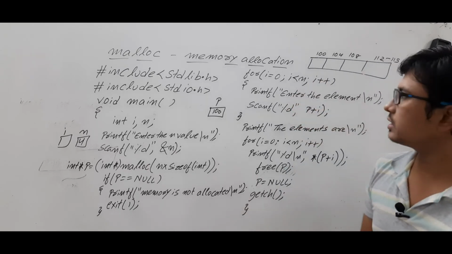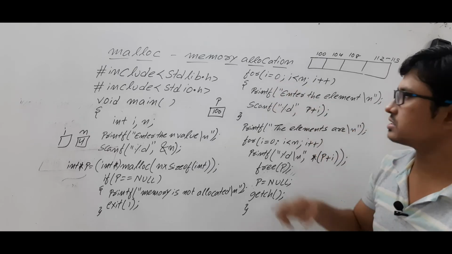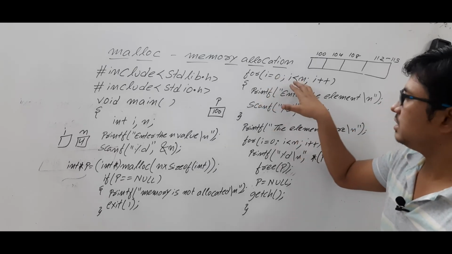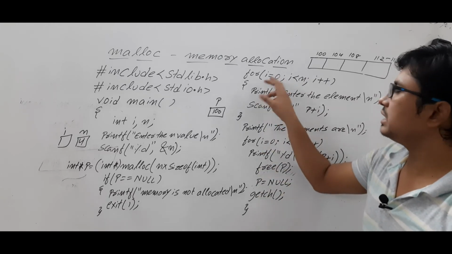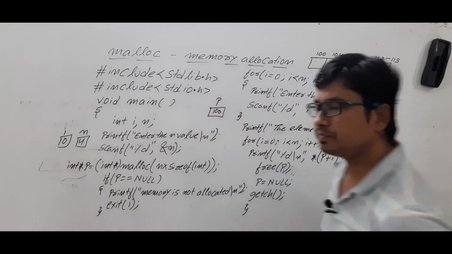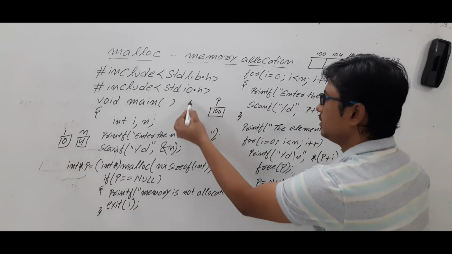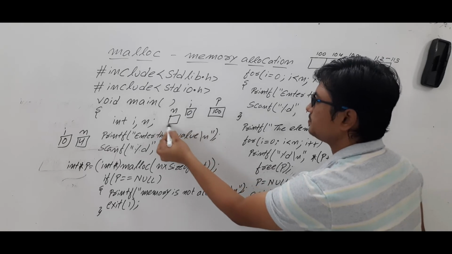If the memory is allocated, you run a for loop. A for loop will have 3 sections: initialization, condition, updation. Now you do the initialization, i is equal to 0. So now the i value is 0. Or let me write here, i is equal to 0, n is equal to 4.